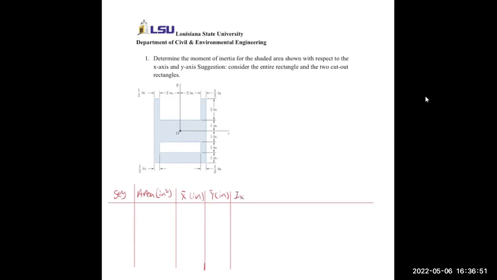And then that's the moment of inertia of that one segment. And then that's the moment of inertia for the entire segment, like when you combine the previous three segments.